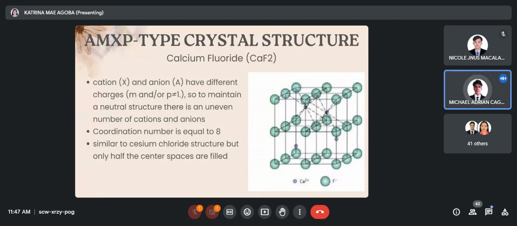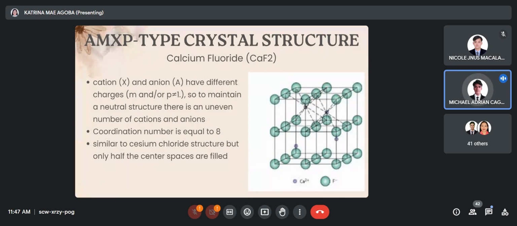An AmXp type crystal structure is a way to describe the arrangement of atoms in certain types of compounds, typically in the context of complex minerals and compounds in chemistry. In this notation, A represents the metal cations, which is the positively charged ions, and the X represents the nonmetal or the anion atoms, which is the negatively charged ions in the compound.